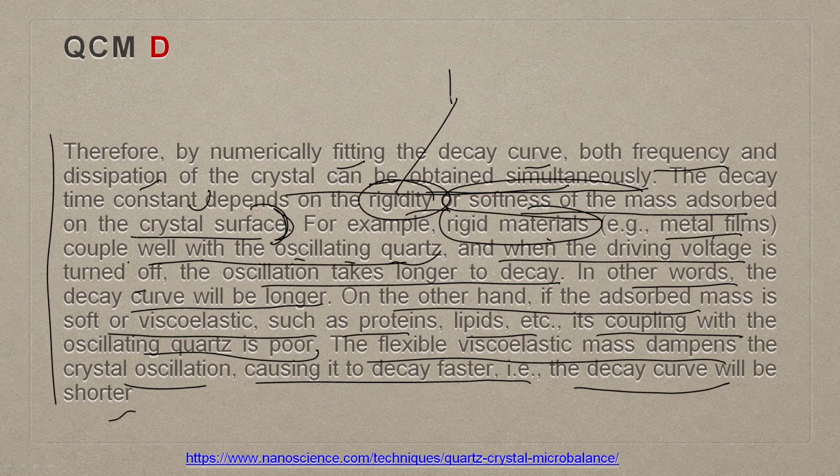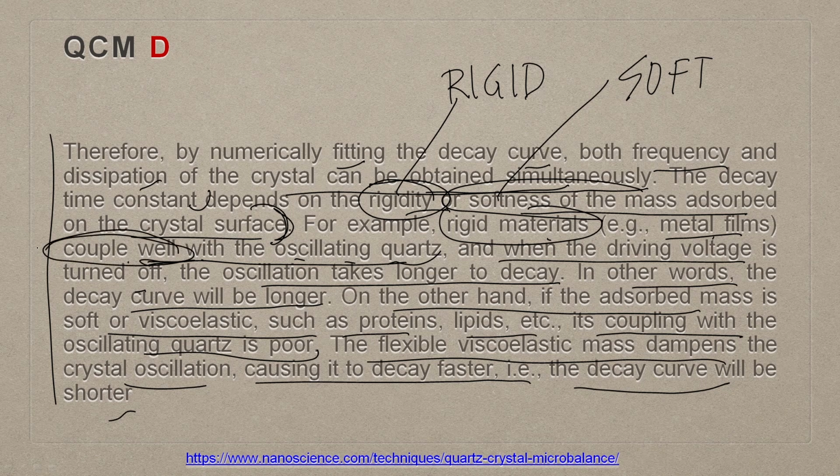Whether it is rigid or soft will determine the decay time. For example, rigid material like metal films couple well with the oscillating quartz, and when the driving voltage is turned off, the oscillation takes longer to decay. In other words, the decay curve will be longer.